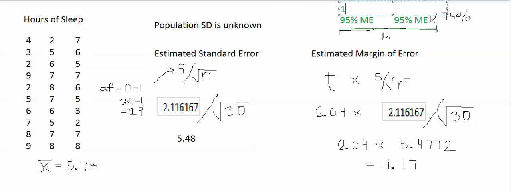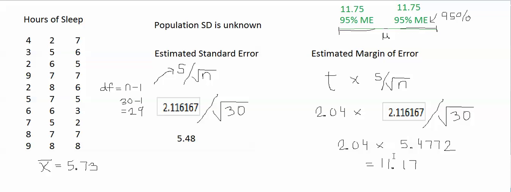So if we replace this right here with this number down here, which is what the 95% margin of error came out to, we'll see that the lower boundary of the area is 11.75 below the population mean, and the upper boundary of the area is 11.75 above the population mean.